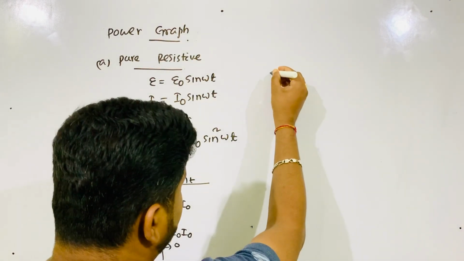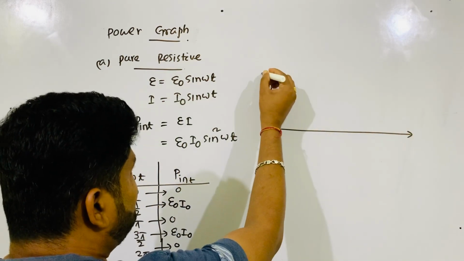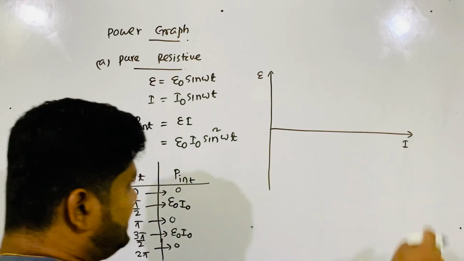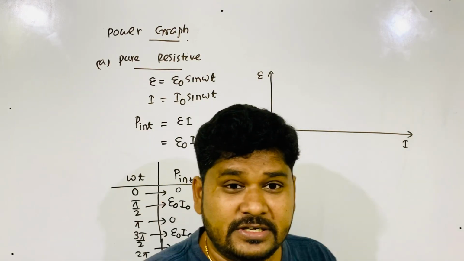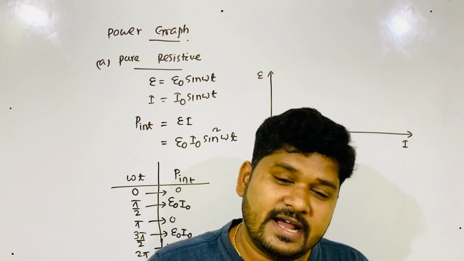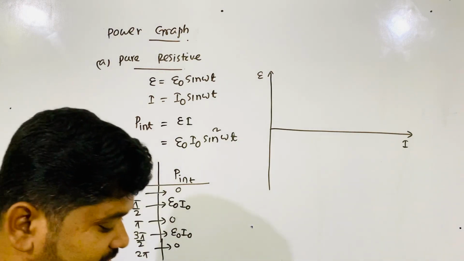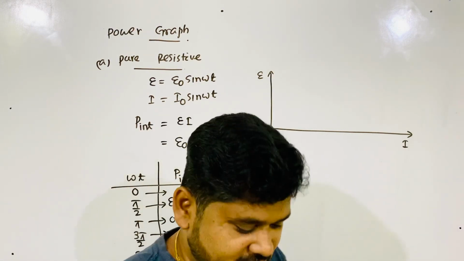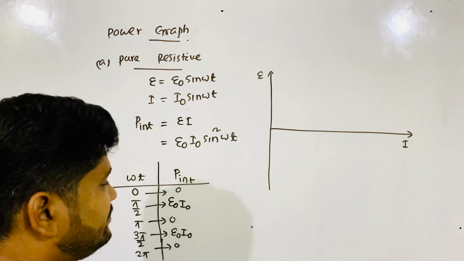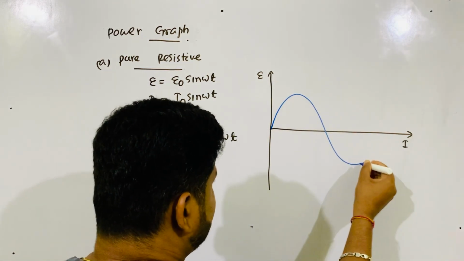Now let's draw the graph. But in this graph, interest will come when we draw EMF, current and power. All three will be drawn on the same graph. Then we'll see the magic here. Let's draw EMF. Already we know that. It's not any difficult task for us.